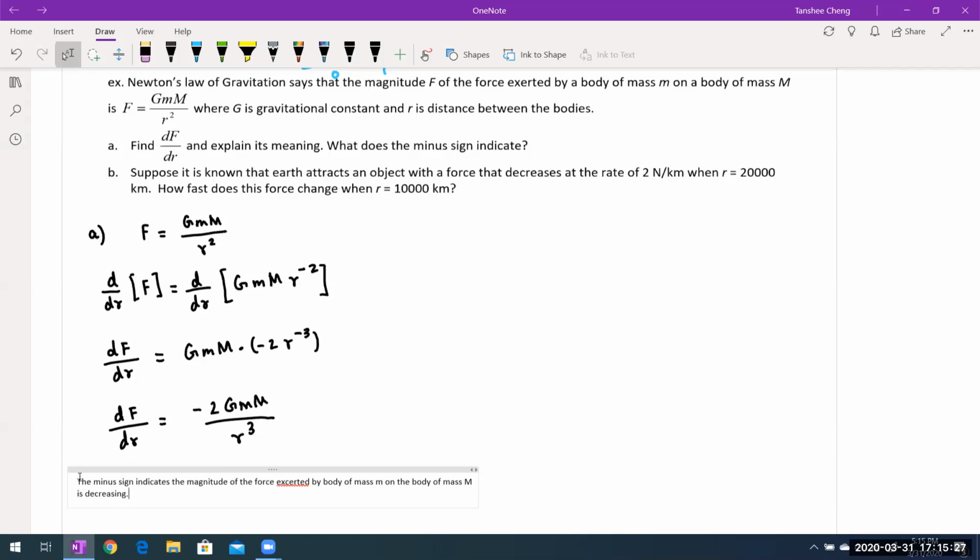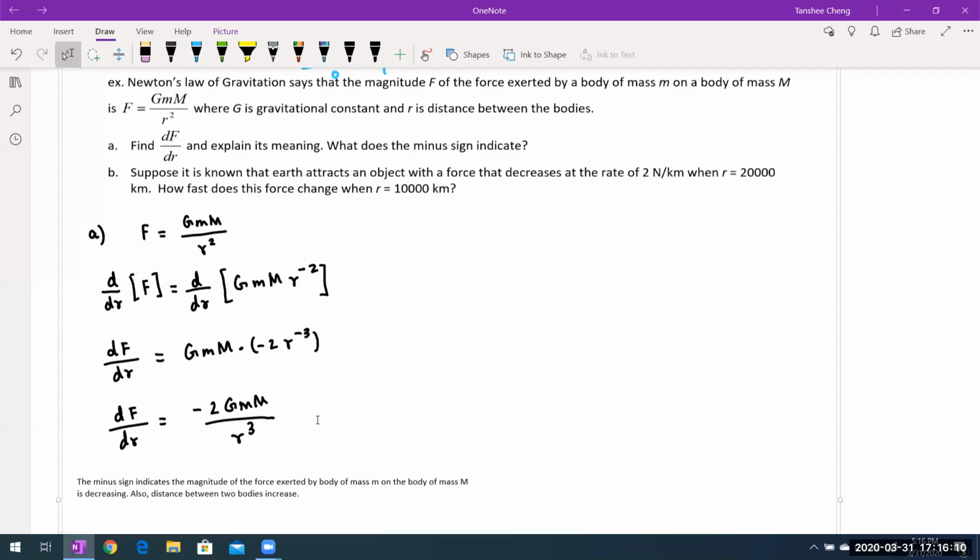And that's what it means. And why is that happening? We know that the distance between these two bodies is also increasing at the same time. So also, the distance between the two bodies increases. I spelled it wrong. Exerts. So that's what it's talking about right here.